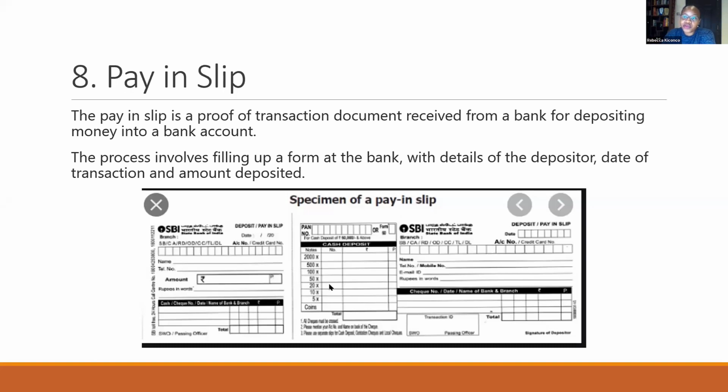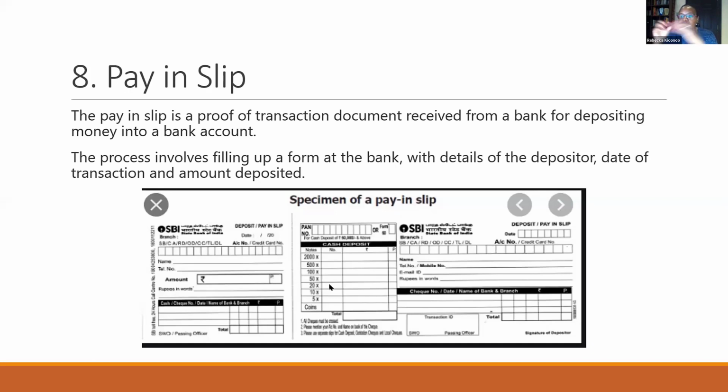Now we need this proof when we go back to look into the cash book, which we'll probably look at on Wednesday or next week. So in the cash book, you credit the cash book, and then you debit the bank.